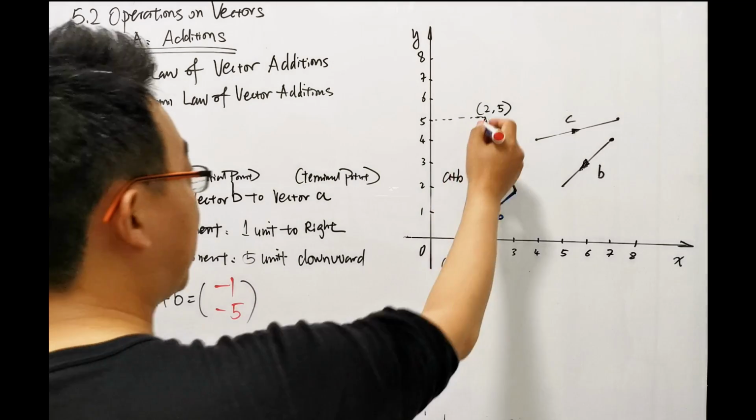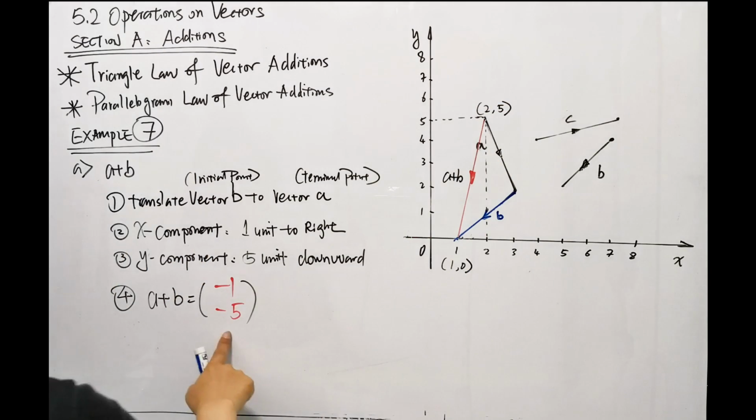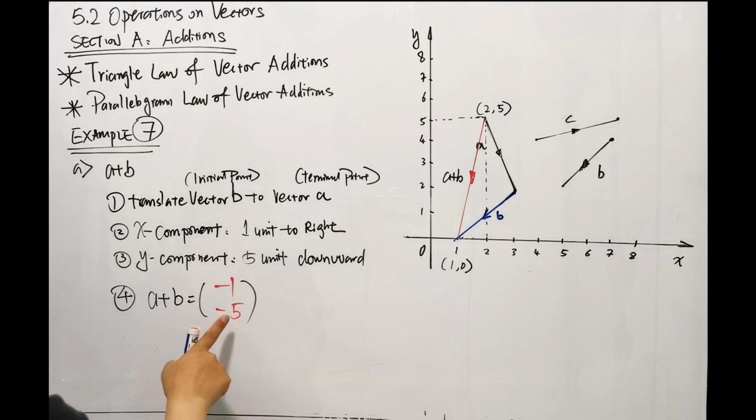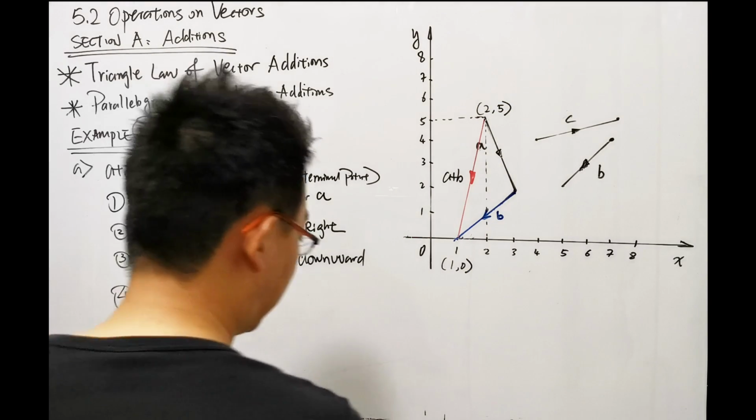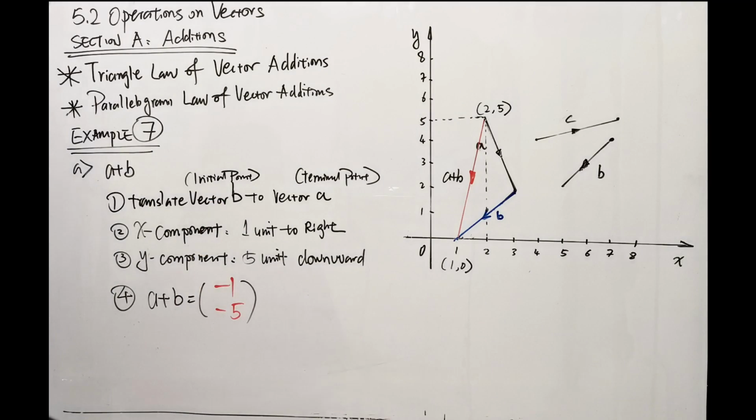We can use the column vector to describe it in this way. So this is the first question.